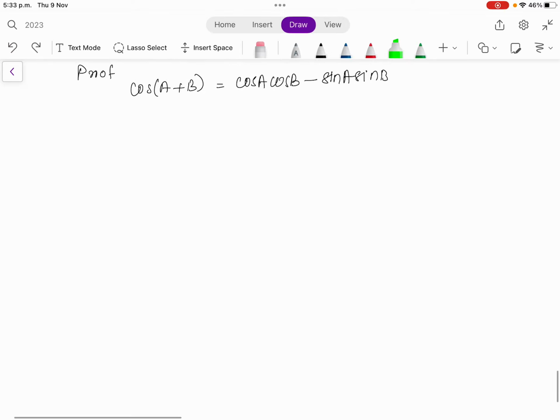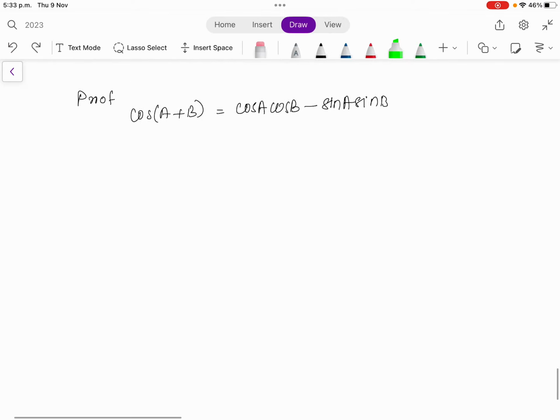Now we are going to do the proof of cos A plus B equal to cos A cos B minus sin A sin B. For this proof, it is pretty easy, but you need to understand a couple of things before. That is, cos of minus B is equal to cos B, and sine of minus of an angle will be minus sin B. So these two things you have to keep in mind.